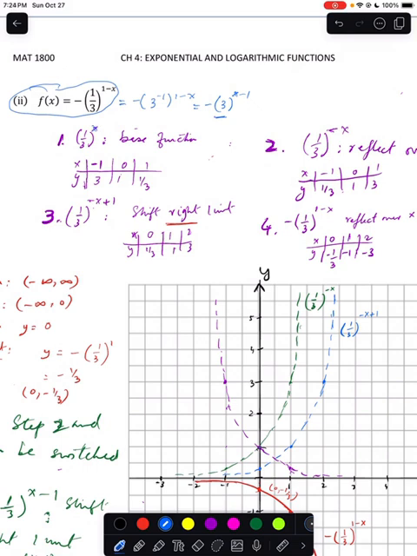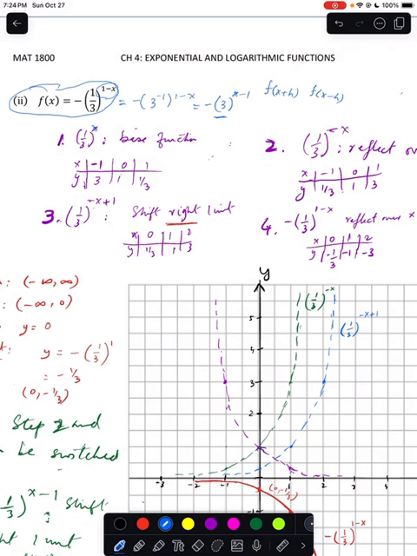Now when you have a negative with the x, you have to be careful about the transformation. Remember, if you have f of x plus h, it means shift left h units. If we have f of x minus h, then shift right h units.